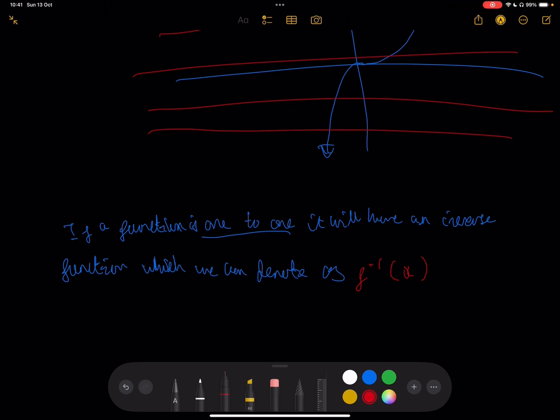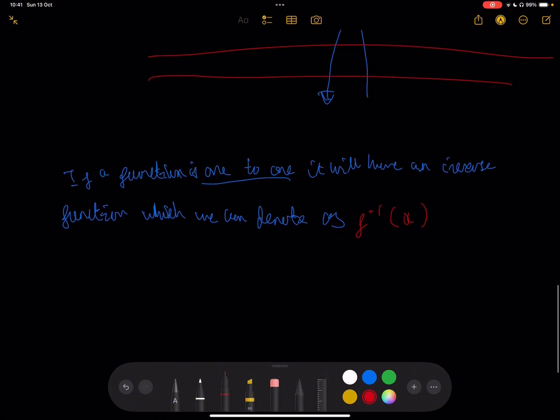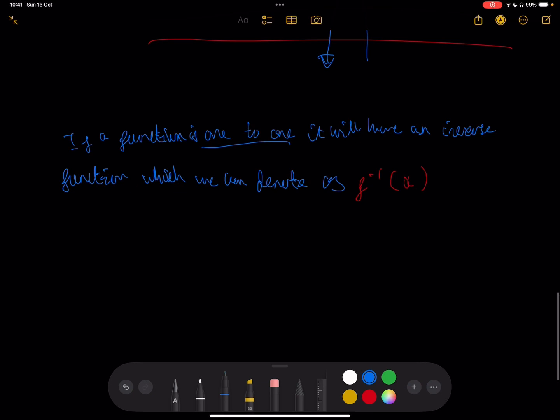Functions that are not one-to-one are called many-to-one, where these functions satisfy the vertical line test and do not satisfy the horizontal line test. If you don't remember from the last video, the mappings that make a function valid are one-to-one and many-to-one.